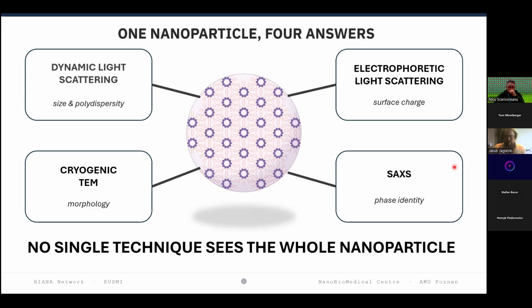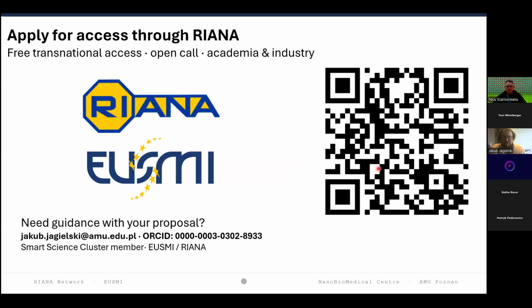Of course, we can employ a lot of different techniques, but in my opinion, these 4 are essential to start the research on lipid liquid crystalline nanoparticles. So if any of this resonates with your research, I want to highlight that all of these techniques, DLS, ELS, cryo-TEM, and SAXS, are available through the RIANA network.